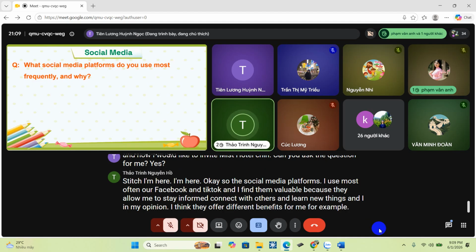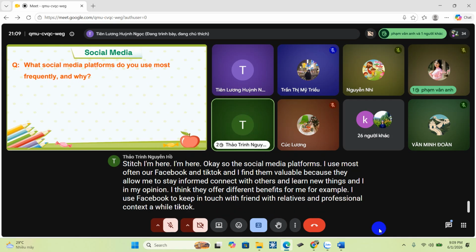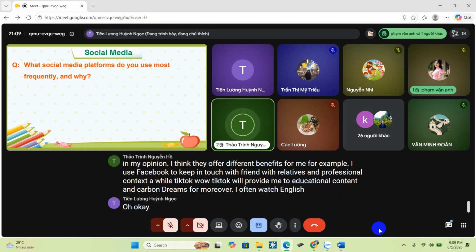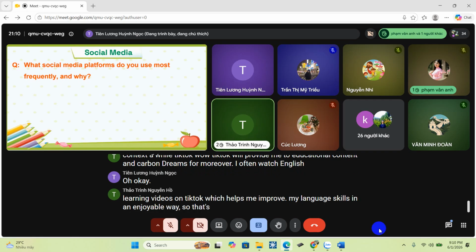For example, I use Facebook to keep in touch with friends, relatives, and professional contacts, while TikTok provides me with educational content and current trends. Moreover, I often watch English learning videos on TikTok, which helps me improve my language skills in an enjoyable way. So that's it.